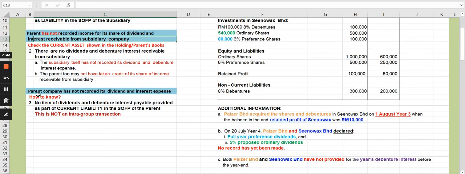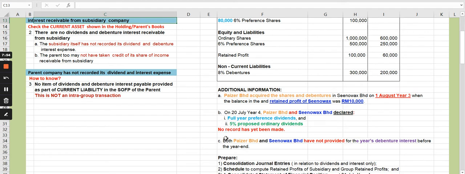Next, you have the situation in this question where the parent company itself has decided to declare dividend, which is in number B, and C is where parent Pfizer also decided to provide for debenture interest. So the parent company itself has not recorded its dividend and interest expense. How do you know? No items of dividend and debenture interest payable are given as part of the current liability.